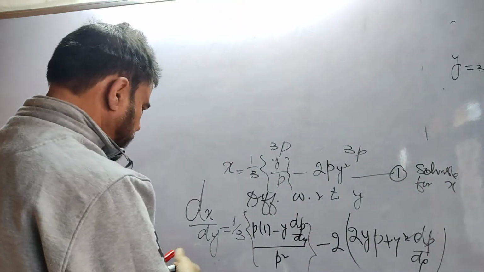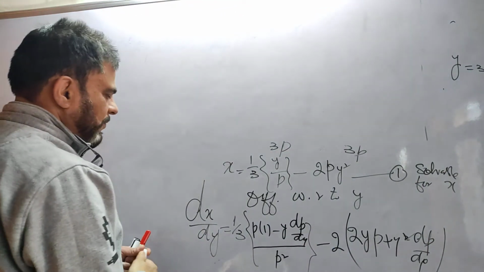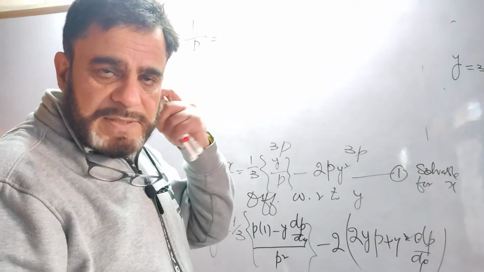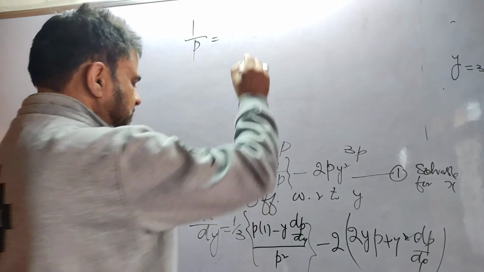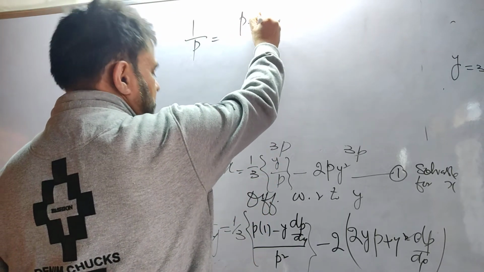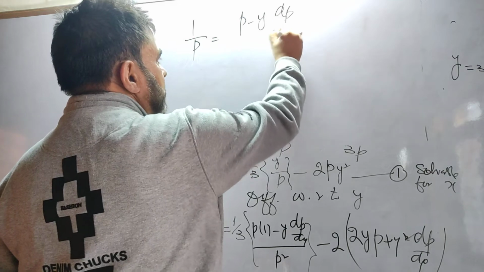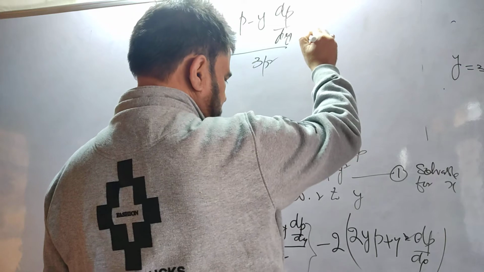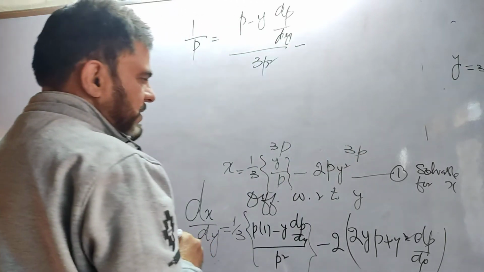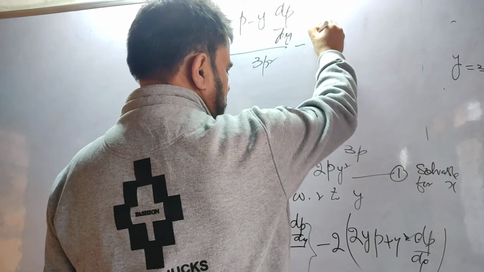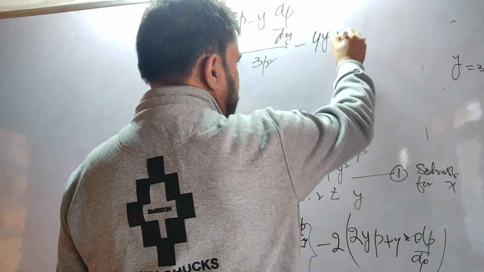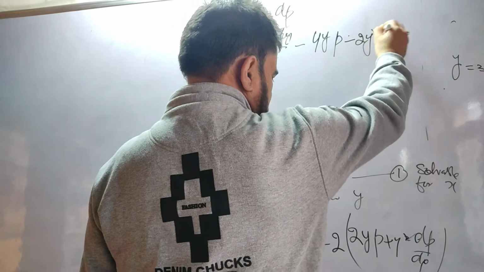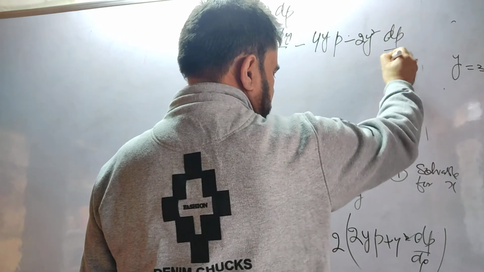You see, this is your 1 by p, because you write dy by dx as p, so dx by dy will be 1 by p. This is your p minus y dp by dy by 3p square, then minus 4yp, then minus 2y square dp by dy.